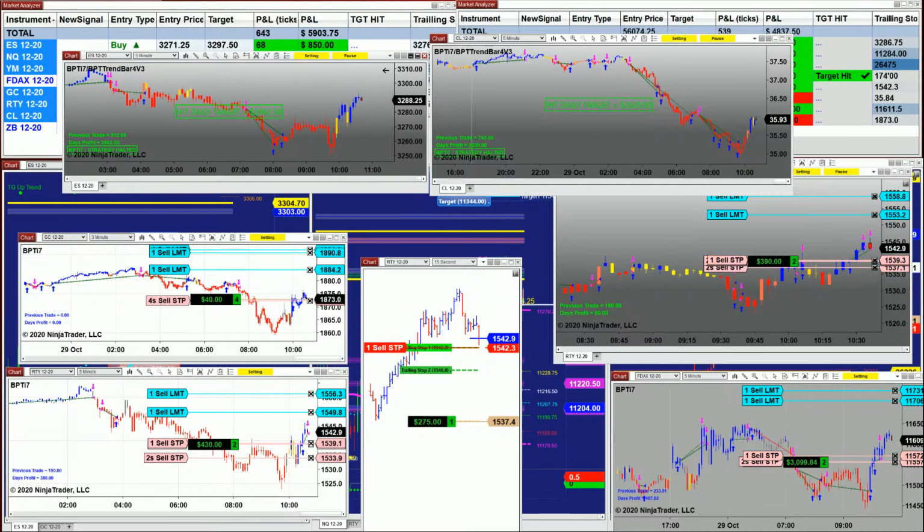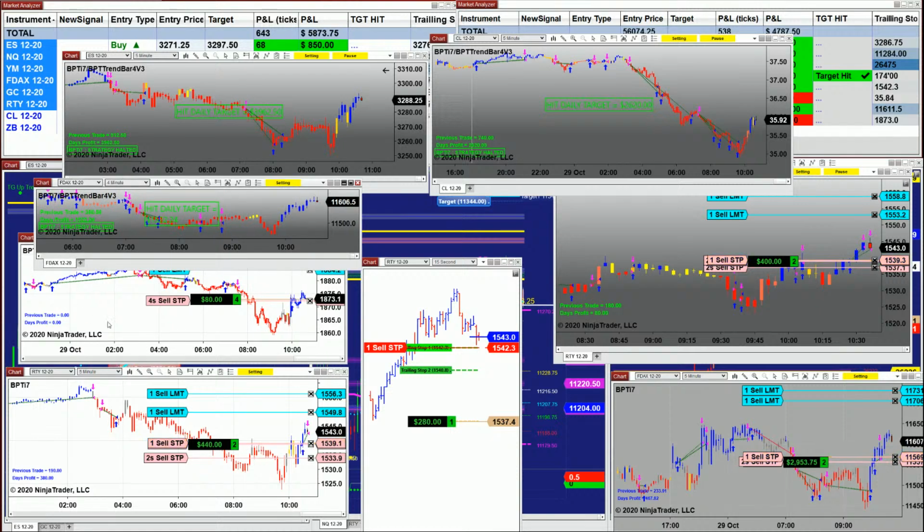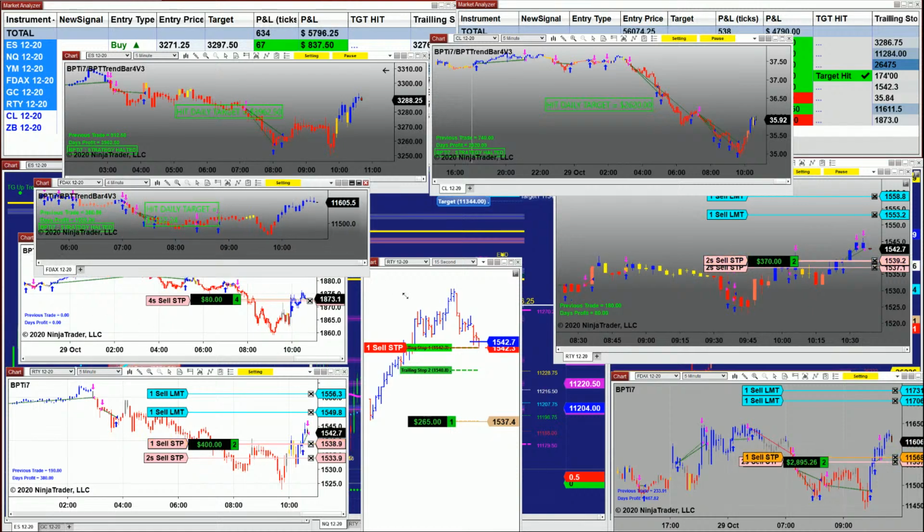So these are the trades, and it's the same template on the DAX. It's very small trades.